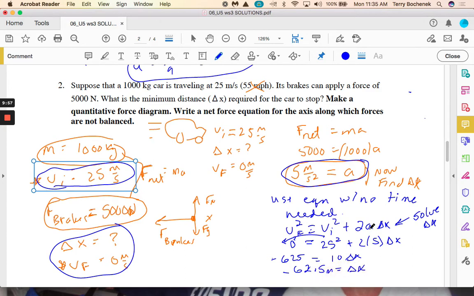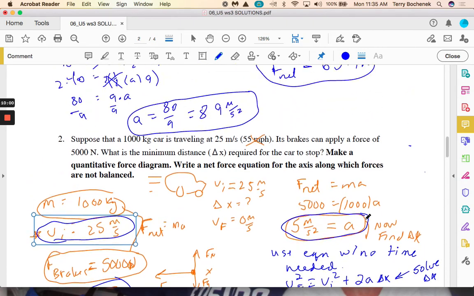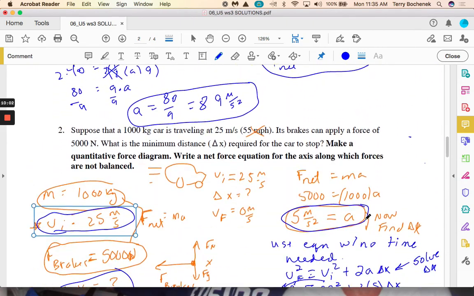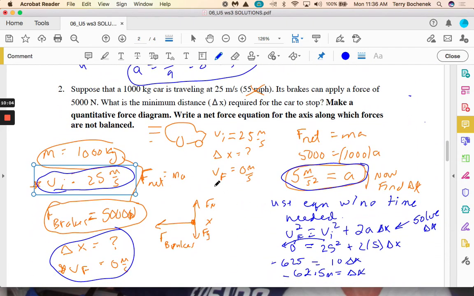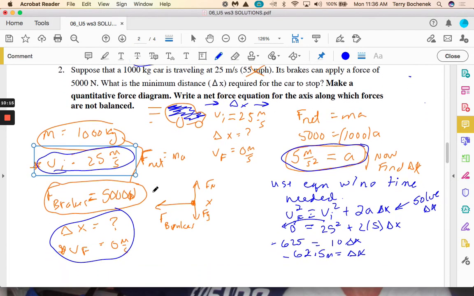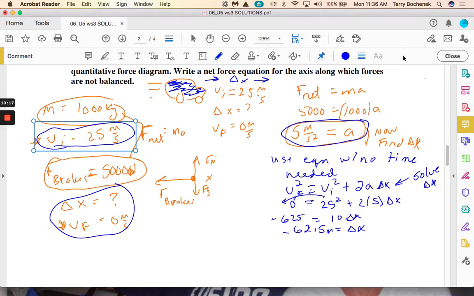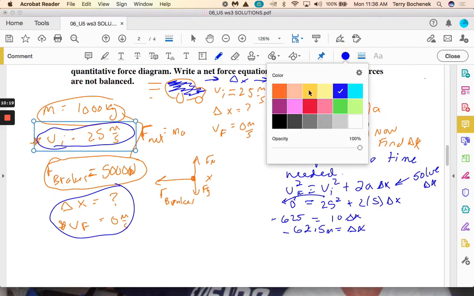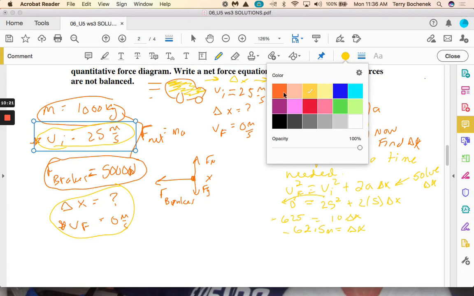Well, what in the world? If we were moving to the right, like my picture shows right here, then shouldn't my displacement be positive? If I'm moving to the right, what did I forget? Well, I forgot to, this is going to change every color. Of course it is.